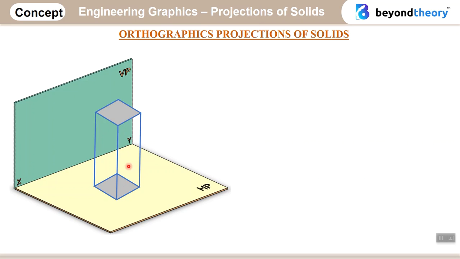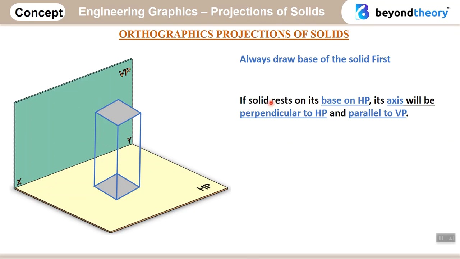Always we have to draw the base of the solid first. And here we can see that the axis of the solid is perpendicular to HP and parallel to VP. So from this, what we can understand is, if a solid is resting on its base on HP, its axis will be perpendicular to HP and parallel to VP.